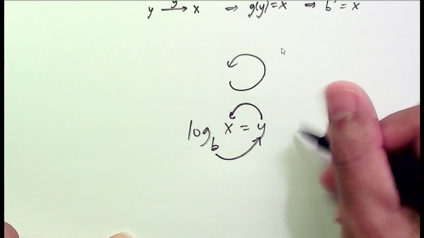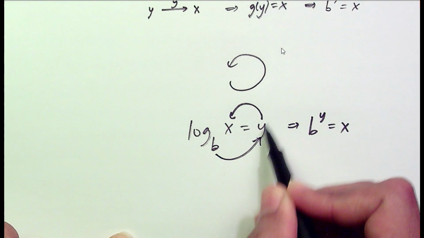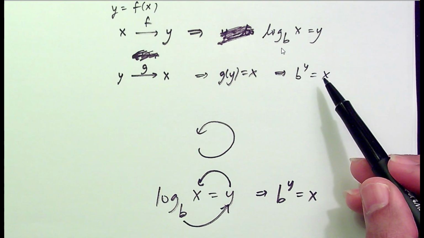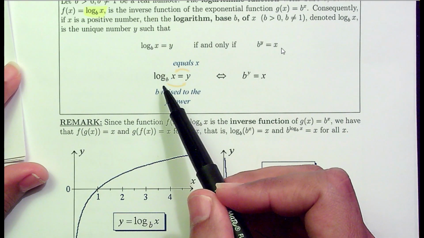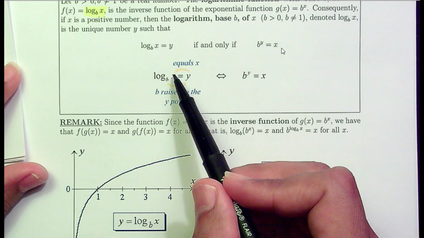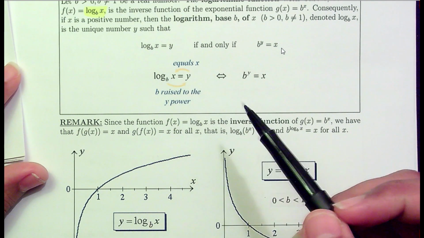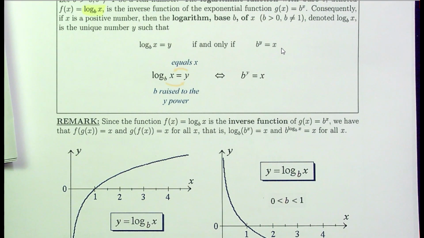And that is precisely what we had over here: b, the subscript, to the y equals x. You have to complete that circular diagram, and it gives you the translation into an exponential form. That's how you can interpret this. That's why I remember it.